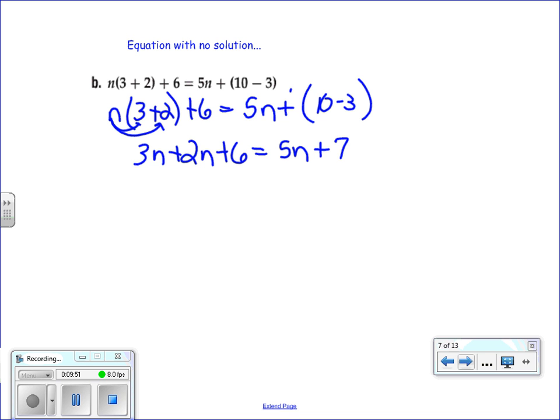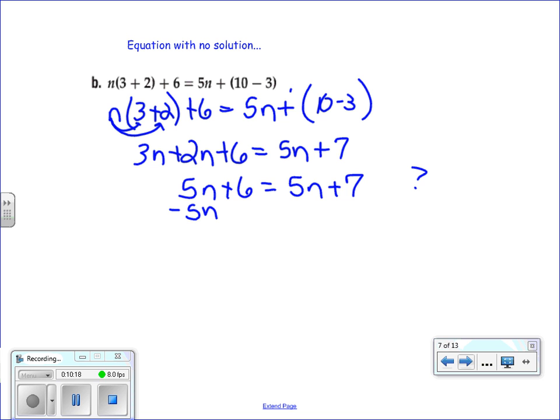Next step, 3n plus 2n would be 5n plus 6 equals 5n plus 7. Let's take one more step and look at this again.